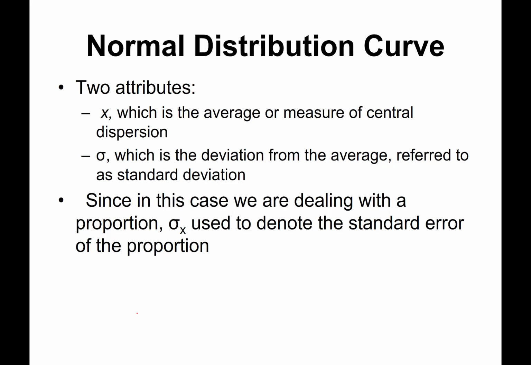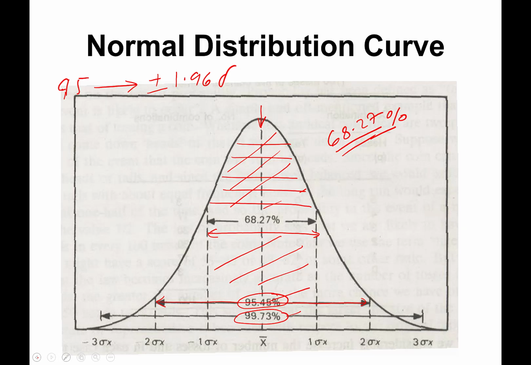Okay, and then for a 99% confidence level, we consider plus minus 2.58 sigma, and for a 99.9% confidence level, we consider a sigma value of 3.3 sigma.